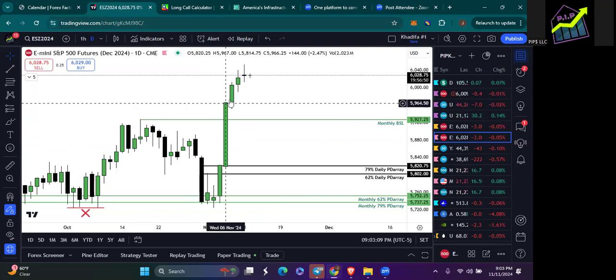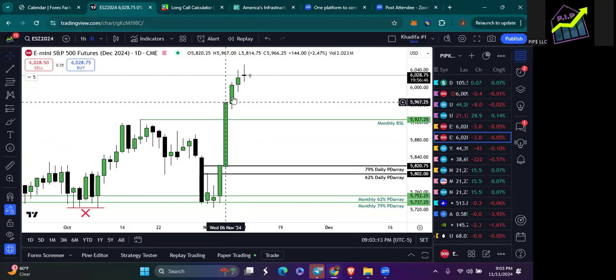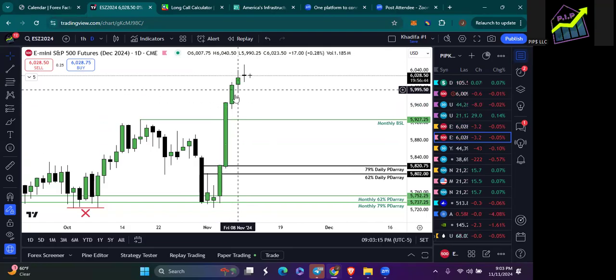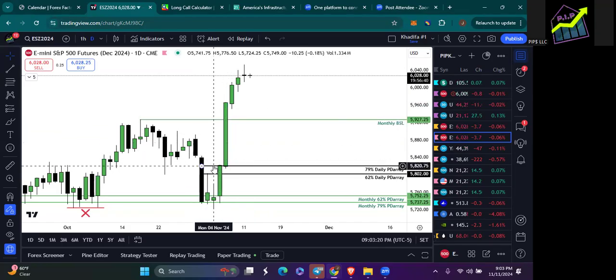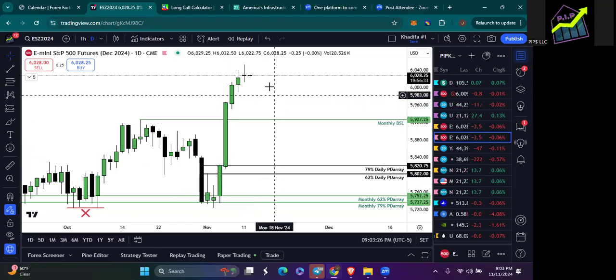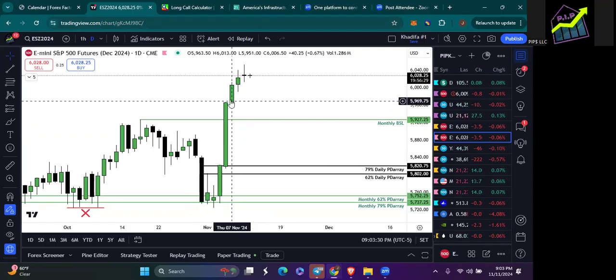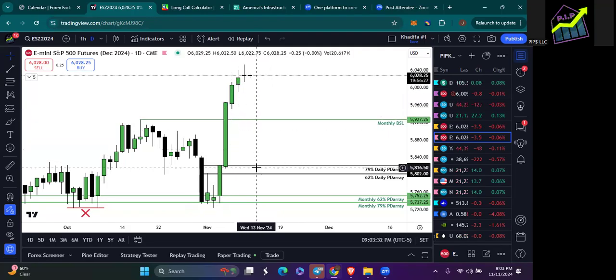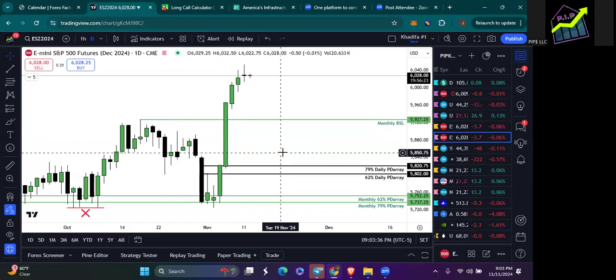First, an imbalance here, first fair value gap here, also known as an imbalance. The second one is this big giant imbalance, aka fair value gap, that we have here. So naturally, we're going to anticipate price correcting down to these imbalances, these fair value gaps, this being target one, this being target two.